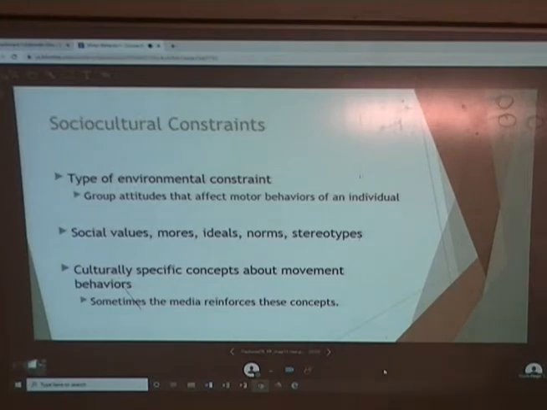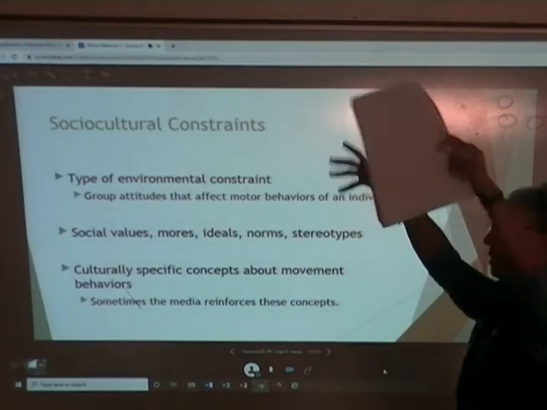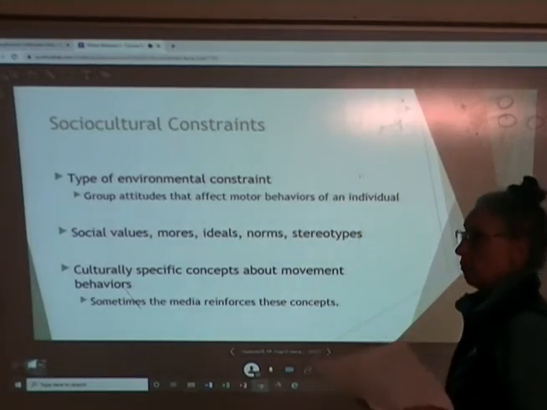So it involves the atmosphere that is created based upon the attitudes of the group that you are part of. And the group could be as big as the society you live in, right?